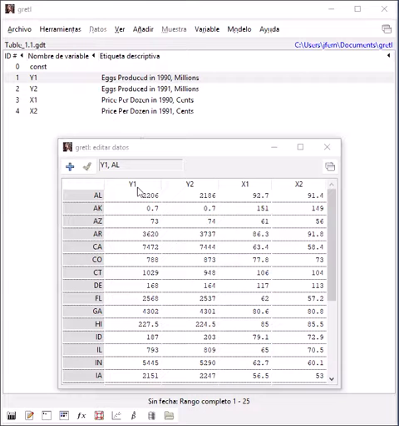This table gives data for egg production and egg prices for 50 states in the union for 1990, this is Y1 and X1, and 1991, so Y2 and X2. For each year, the data of the 50 states are cross-sectional data. Thus in Table 1.1, we have two cross-sectional data samples.